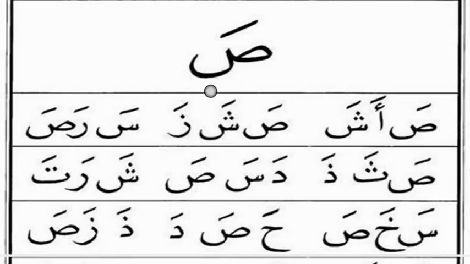Let me tell you that the articulation point of Sad is the same as zay. It's articulated from the tip of the tongue between the plates of the two top incisors and slightly above the lower incisors. You will find that the tip of your tongue is touching the lower incisors in your mouth.